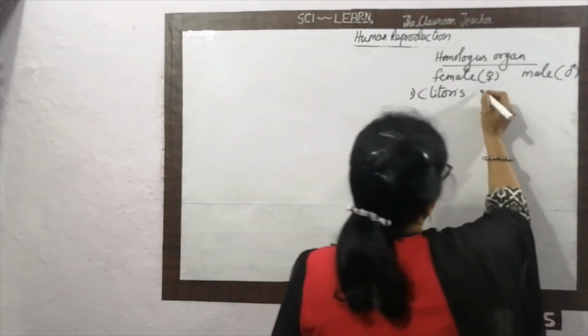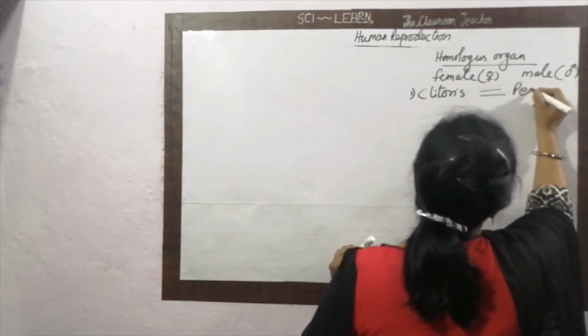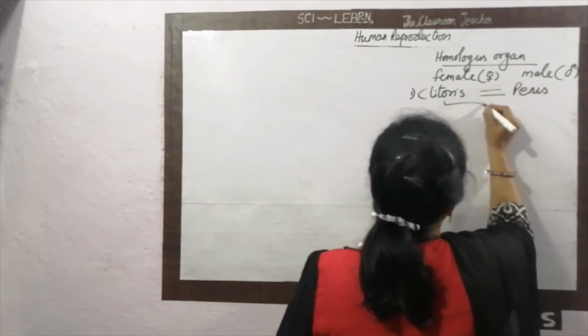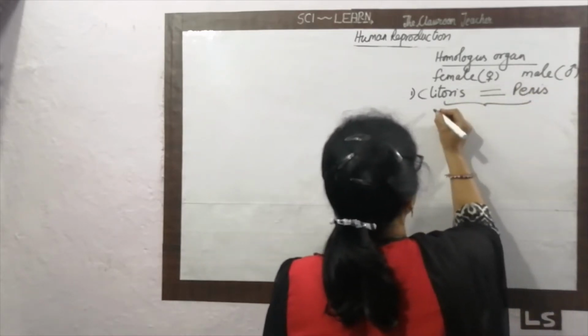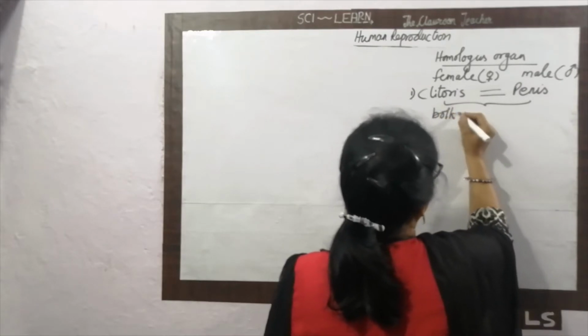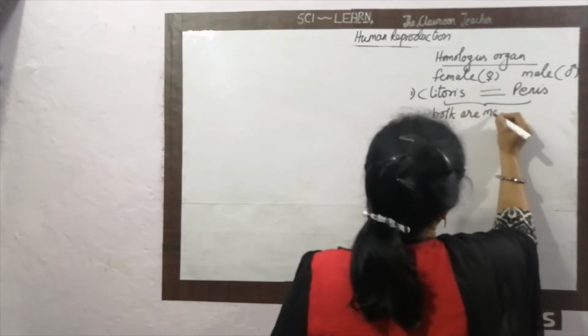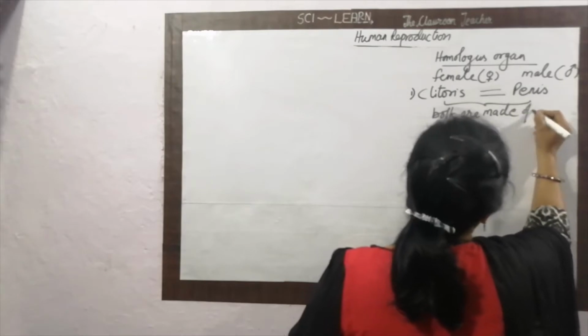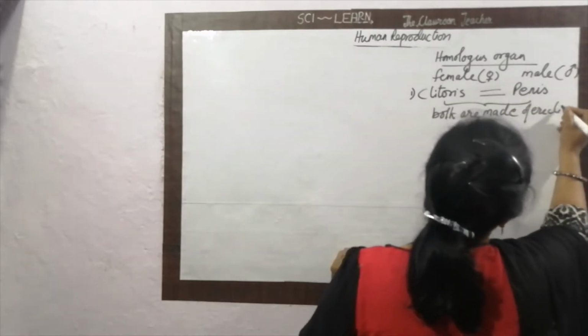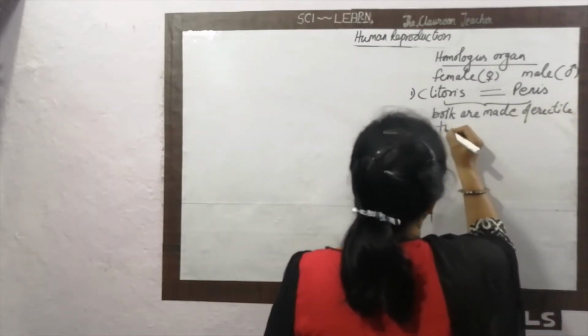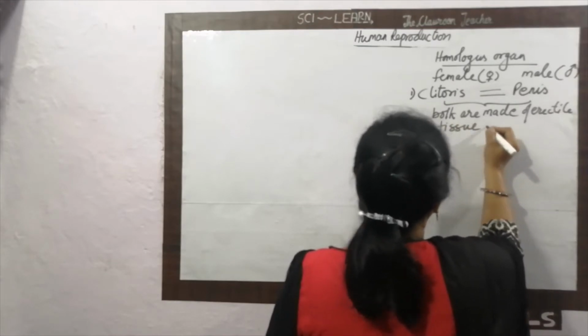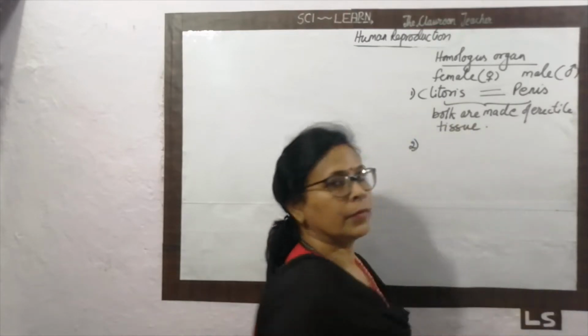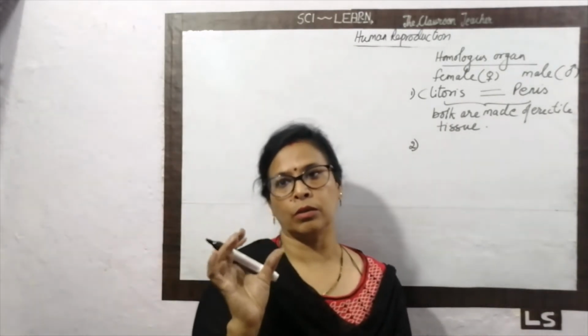The part present in the male body is the penis. Why are they homologous organs? Because both are made of erectile tissue to generate erection.